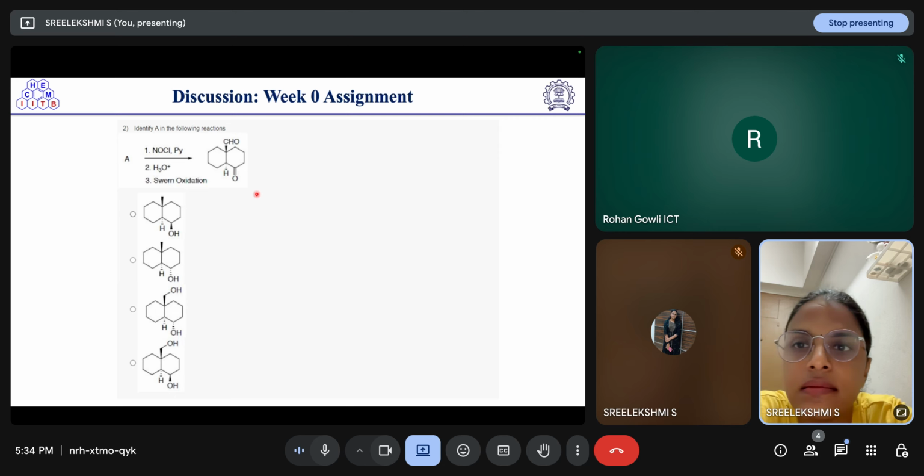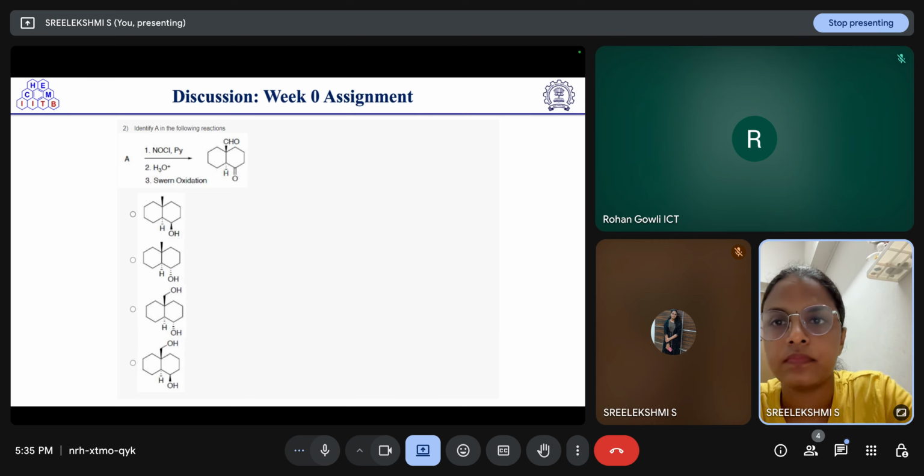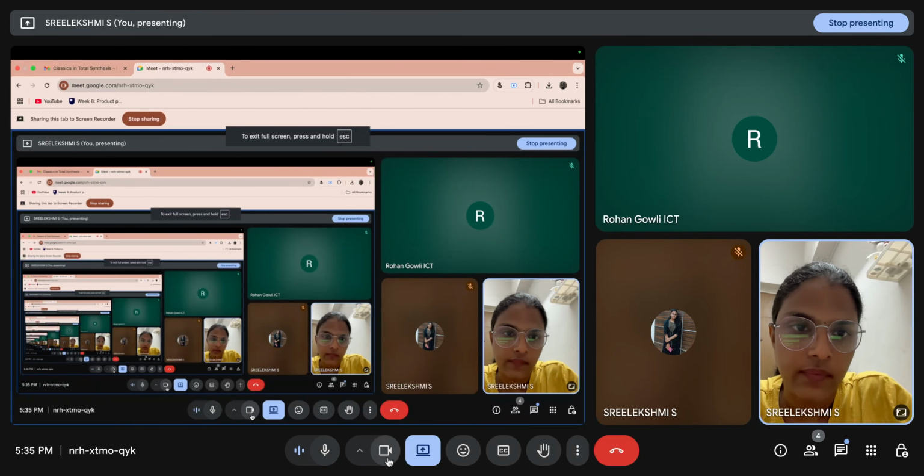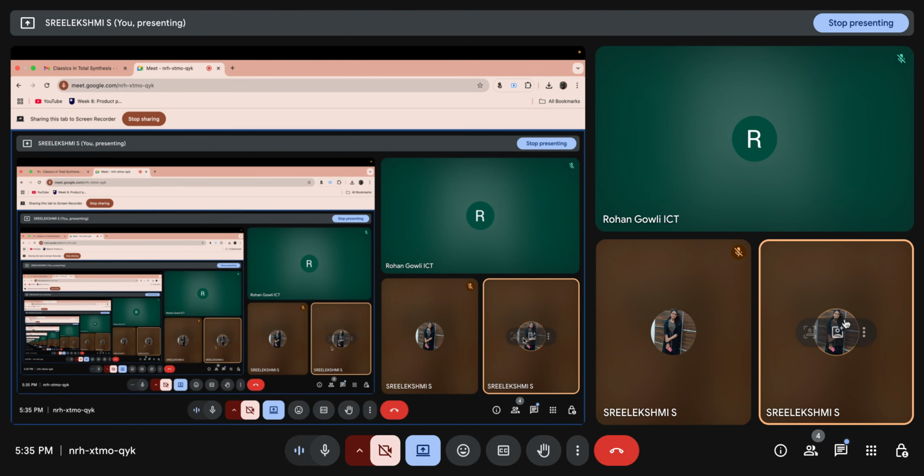If you know the answer, you can write it in the comment box, or you can respond and then we can discuss the mechanism. We have only one participant now, so it will be good if you can interact.